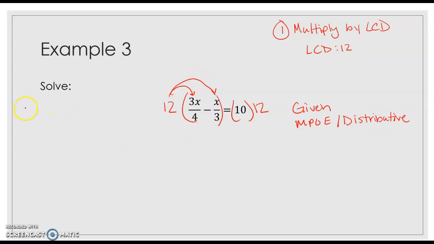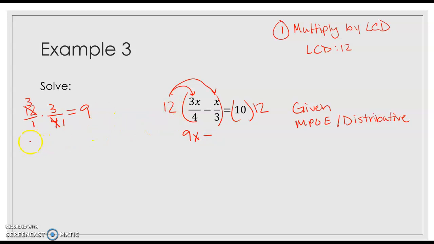So we're going to take 12 over 1, because I have to make it a fraction, times 3 over 4. And then I know that 4 goes into 12, so 4 divided by 4 is 1, 12 divided by 4 is 3. So now we have 3 times 3, which is 9. So now I have 9x instead of 3/4 x. So much easier to work with, right?